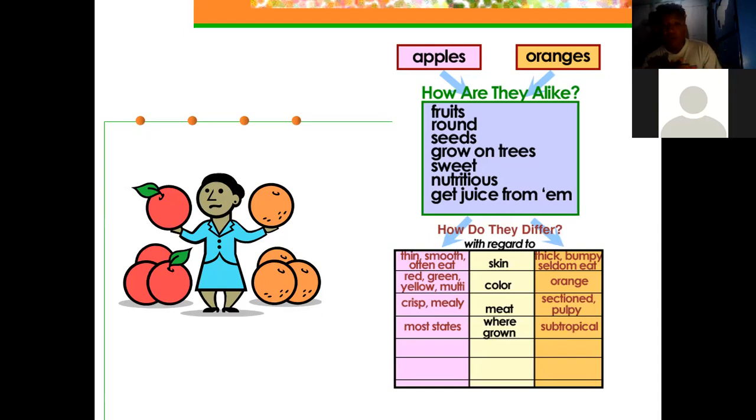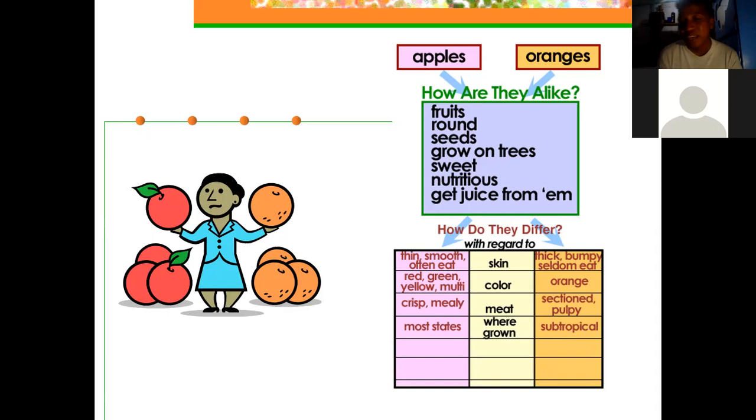According to the color, the apple can be red, green, yellow, or multicolor, right? While the orange is always orange. If you have an orange and the color is green, this is not orange. This is another fruit. This is bad.